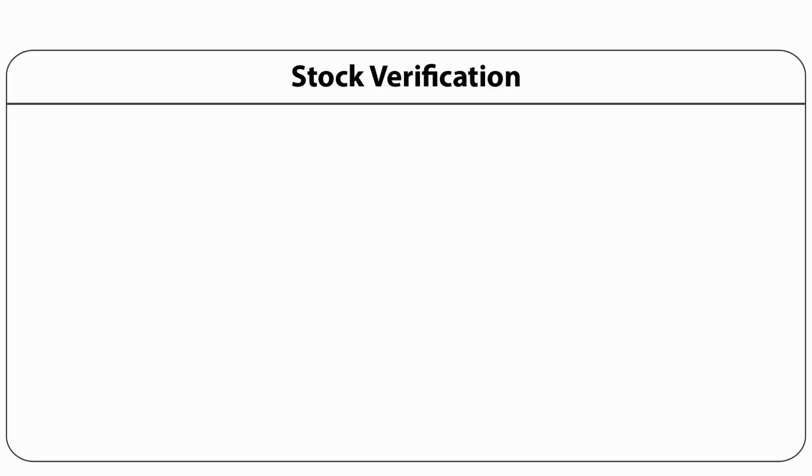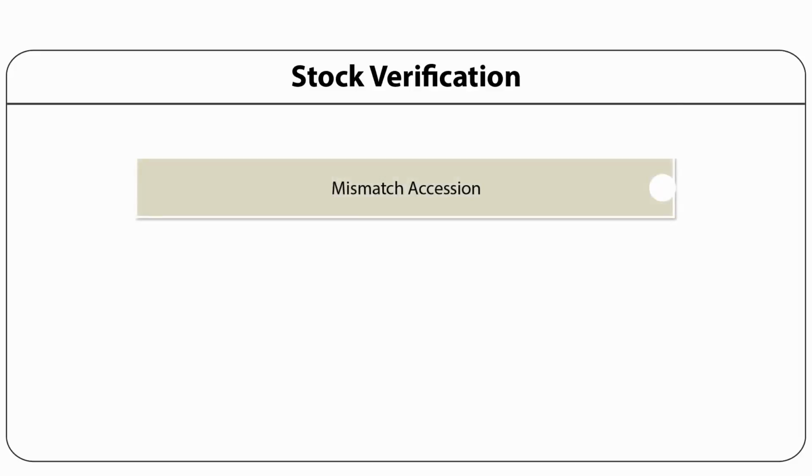There are different types of reports which are generated, or in fact verified, for the stock. These include the following. Number 1. Mismatch accession. In this type of report, one can get the list of items which are not available in the database. Number 2. Mismatch status.